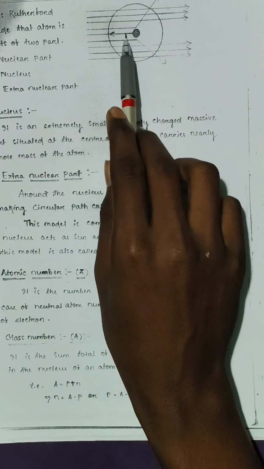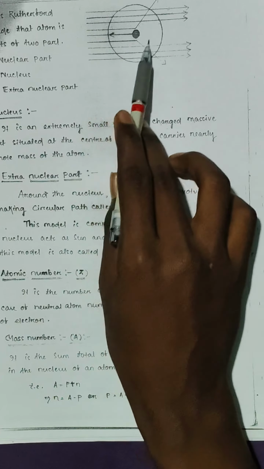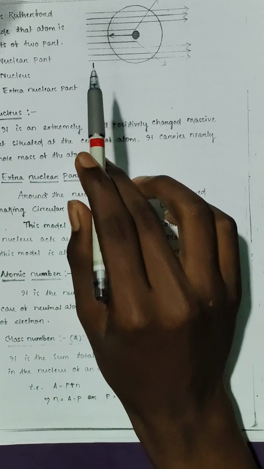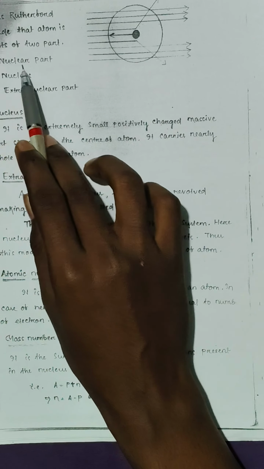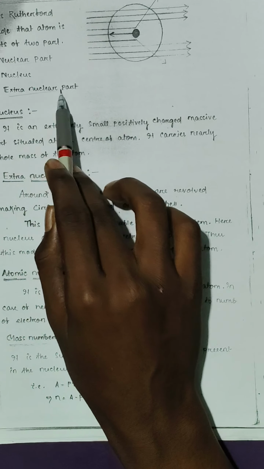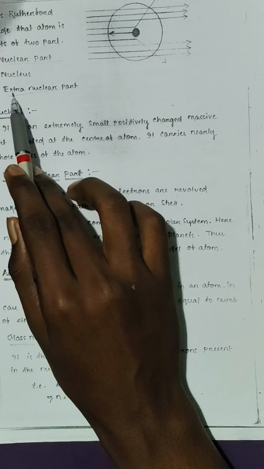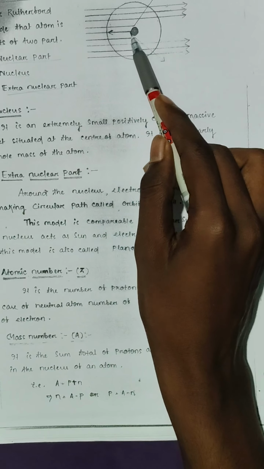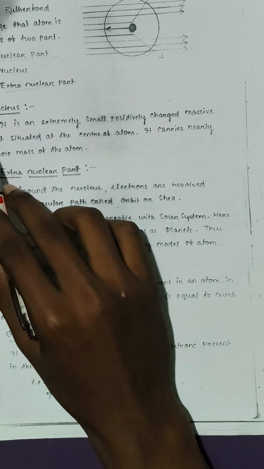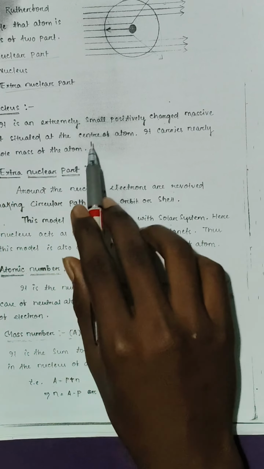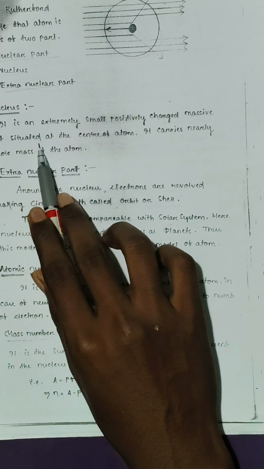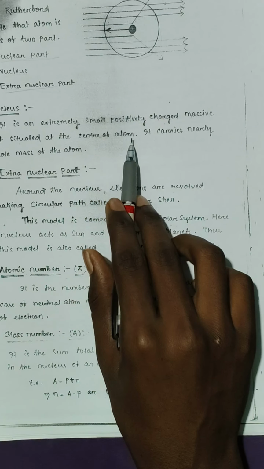As you guys see here, he gave a model which was developed from his experiment. Here he gave two parts, a nuclear part or nucleus, and an extranuclear part. You see here the black nucleus. It is an extremely small, positively charged, massive part situated at the center of the atom.